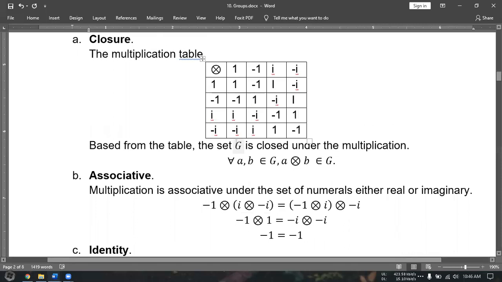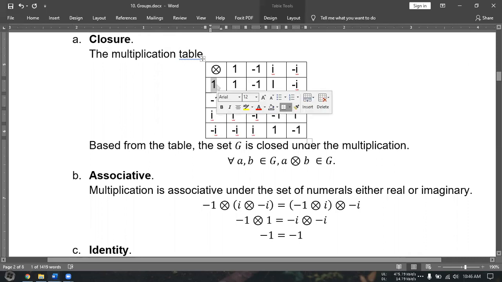Of course. We can operate any element with another element such that the result is our identity element. For example, 1 times 1 is our identity. Negative 1 times negative 1 is our identity. i times negative i is our identity. Negative i times i is our identity. Those are the inverses.